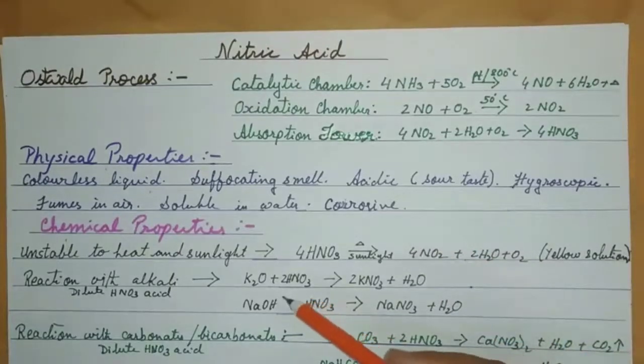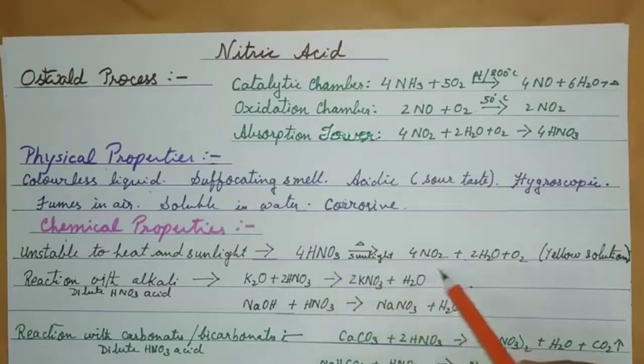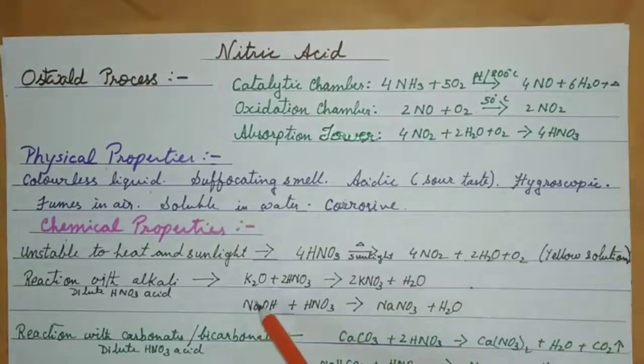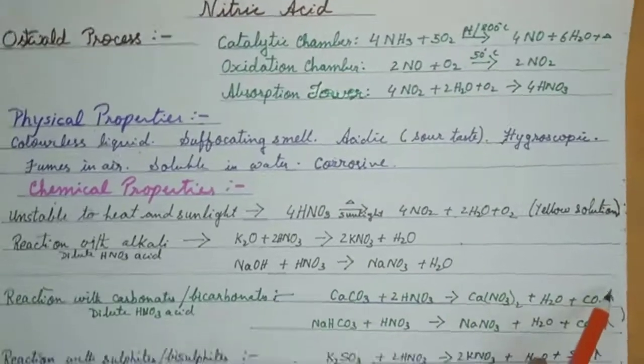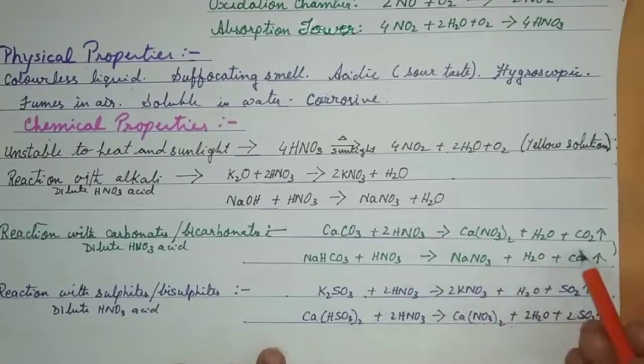If we come to the chemical properties, give the chemical equation when nitric acid is exposed to sunlight. This is the chemical equation. Complete the equation giving the reactants. What do you observe when calcium carbonate is treated with dilute nitric acid? So we say a colorless, odorless gas comes out which turns the lime water milky.